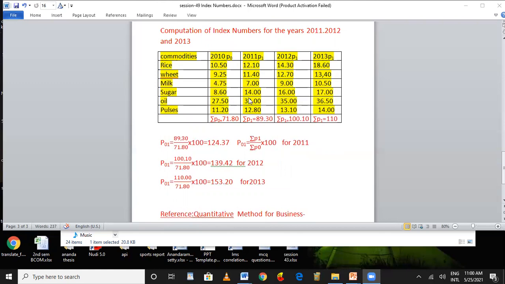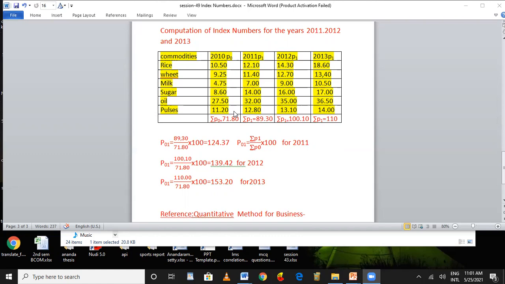But however, there is a shortcoming here: we ignore the quantities. Weightage has not been given. Only the prices have been considered in calculating the index number by the aggregative method.